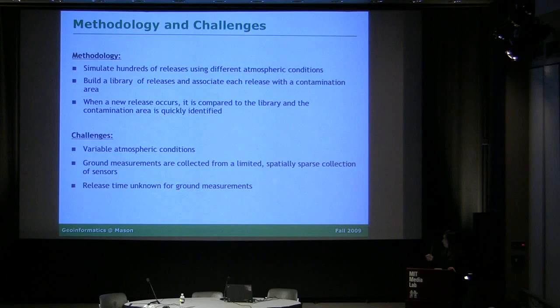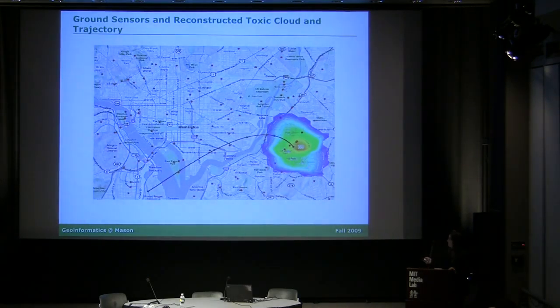One more complicating factor is that the release time is unknown for the ground measurements, because we have a sensor picking up on a release, but we don't know whether it happened yesterday and reached the sensor today, or when it happened. This is really a complicating factor.